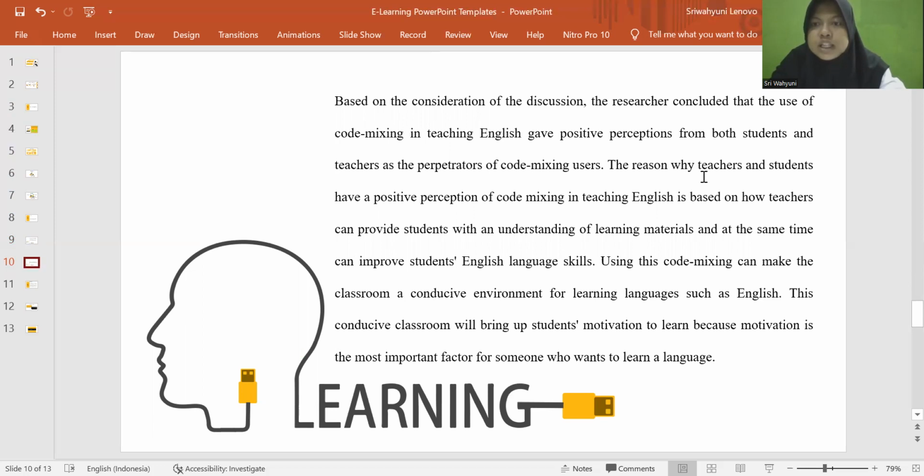The reason why teachers and students have a positive perception of code mixing in teaching English is based on how teachers can provide students with an understanding of learning materials and at the same time can improve students' English language skills. Using this code mixing can make the classroom a conducive environment for learning language such as English. This conducive classroom will bring up students' motivation to learn because motivation is the most important factor for someone who wants to learn language.